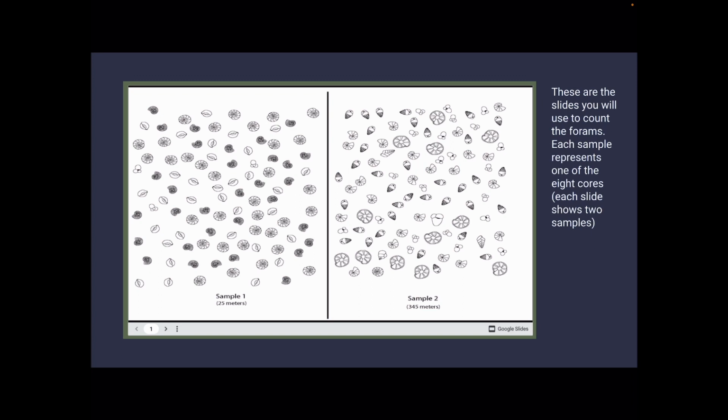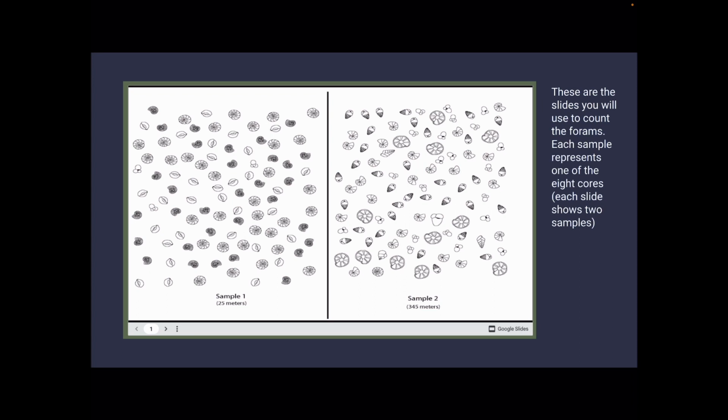But what you have to do is calculate the paleobathymetry for each core. Does the type of foram that is present correspond to that depth, or has there been a change in sea level rise or something that has affected the types of forams that are present? So you're kind of just checking the depth by using the forams as indicators.